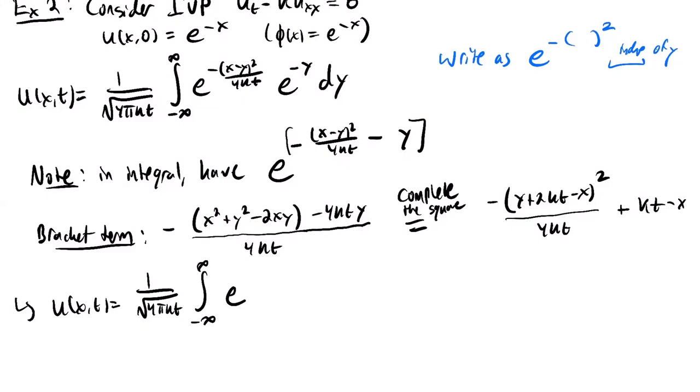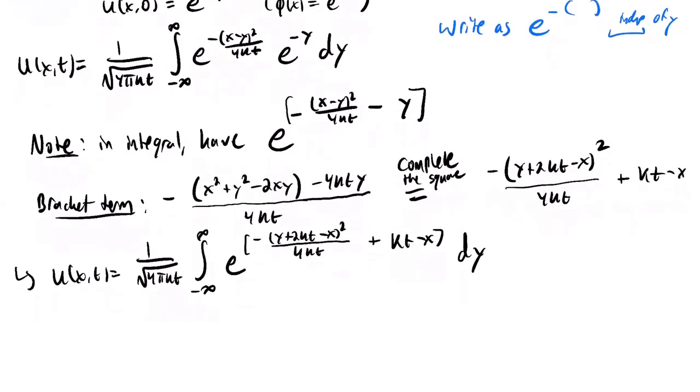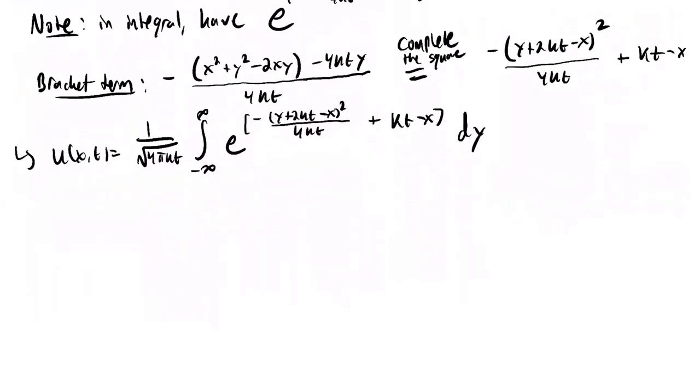And so I end up with minus (y plus 2kt minus x) squared over 4kt. And then I have this other term which doesn't depend on y at all, so I have plus kt minus x, integrating with respect to y. And so the piece of the exponential that corresponds to these terms I can just factor out, right?